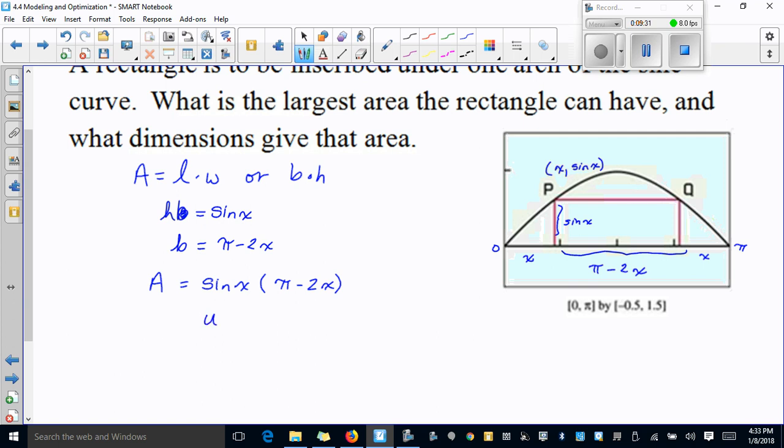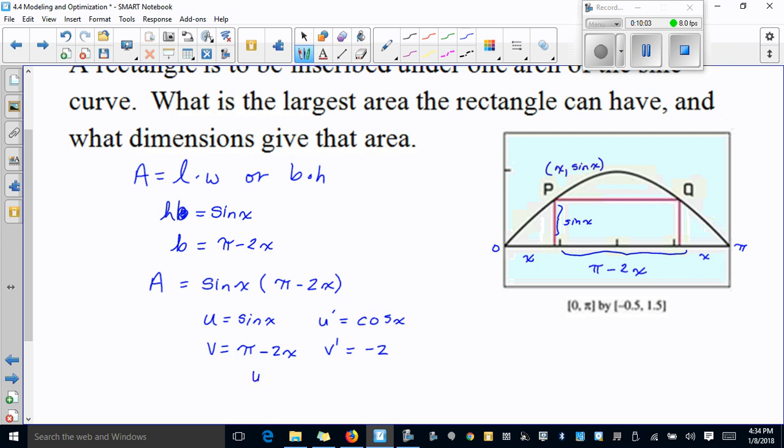So u is going to be sine of x, so u prime would be cosine of x. v is equal to pi minus 2x, so v prime is equal to negative 2. Reminder, pi is a constant, the derivative of a constant is 0, minus 2 times the x value, and the derivative of x is 1.